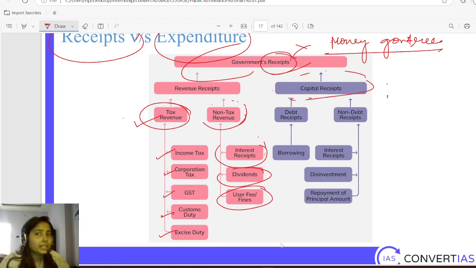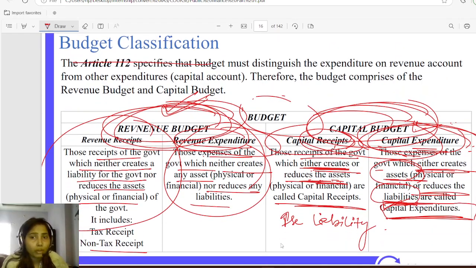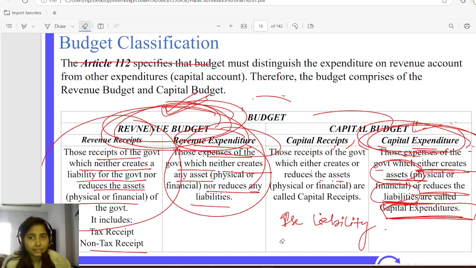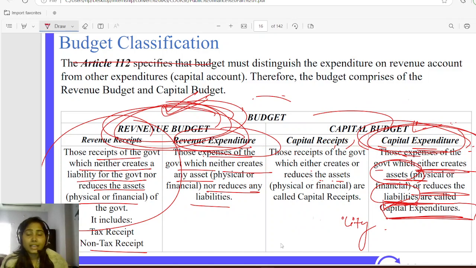Then comes capital receipt. Capital means a large amount for a longer period of time. So there are two types of capital receipt: debt receipt and non-debt receipt. I already explained that those kinds of receipt of government which either create liabilities or reduce the asset are called capital receipt.